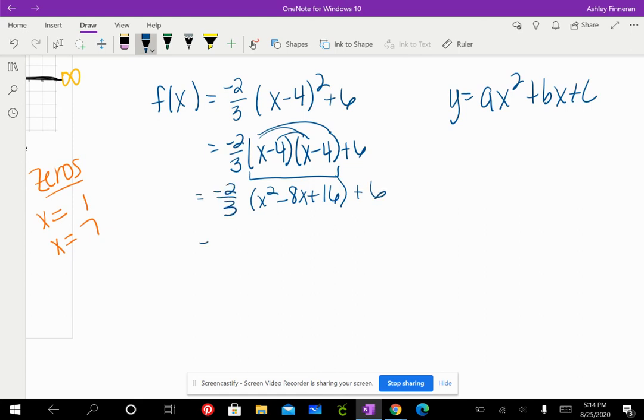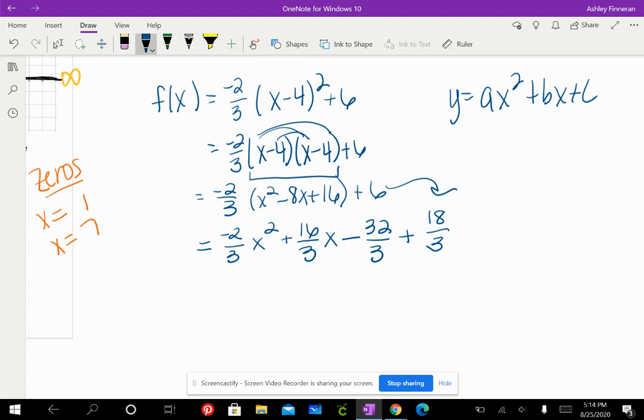Now I'm going to distribute that fraction. Negative 2 times negative 8 is positive 16, minus 32 over 3 plus. Now if you notice, everything's in thirds. So I still have this plus 6 out here, but I'm going to change it to 18 over 3, which we know is 6. 18 divided by 3 is 6.